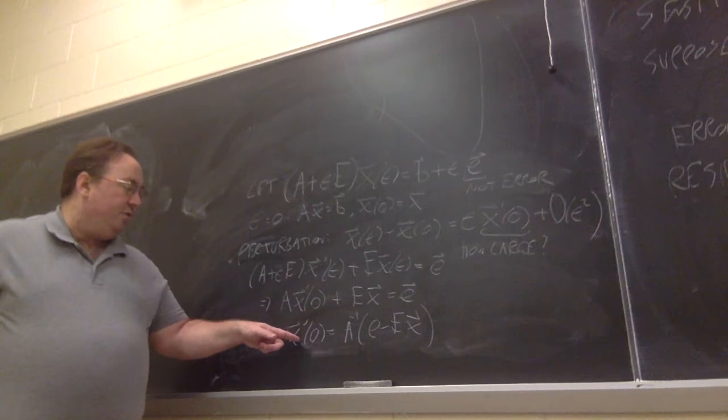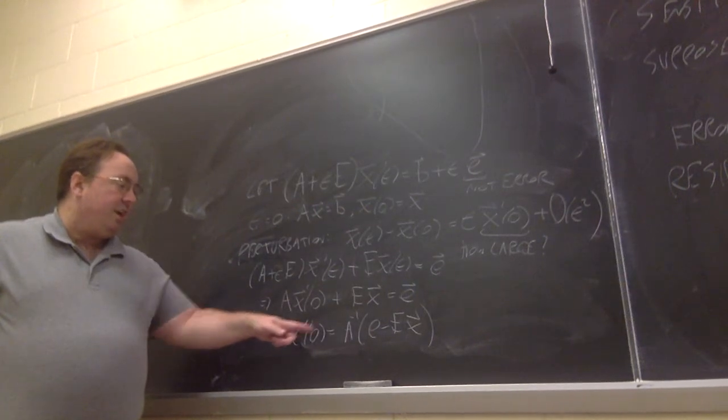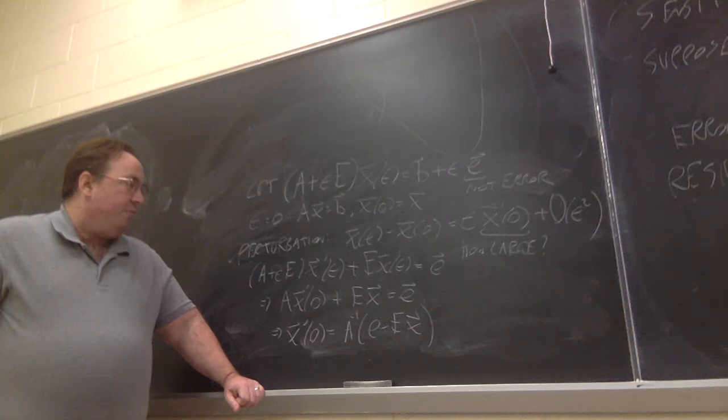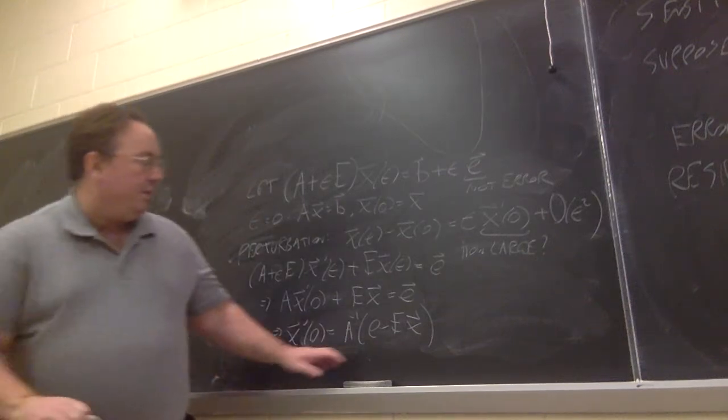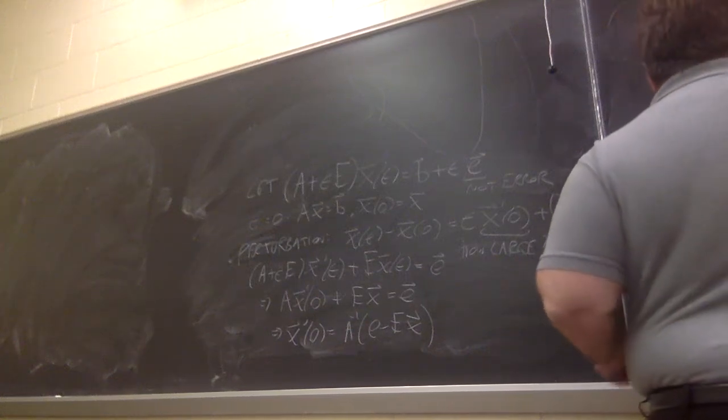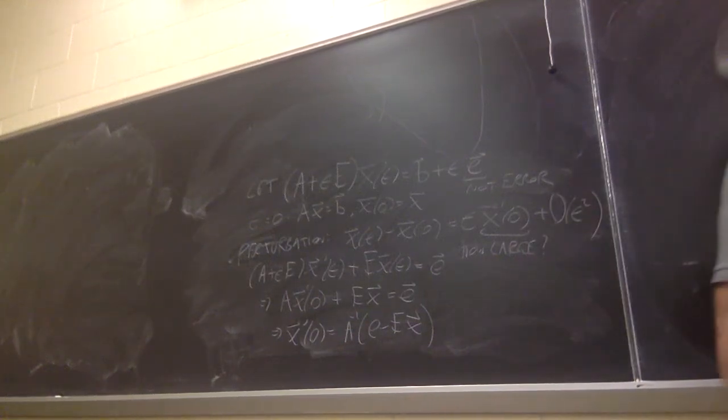So what I can do now is try to get a handle on how big that could be. I could do the same thing as before, where I take norms and work with properties of norms, and it'll work out much like what I just did.